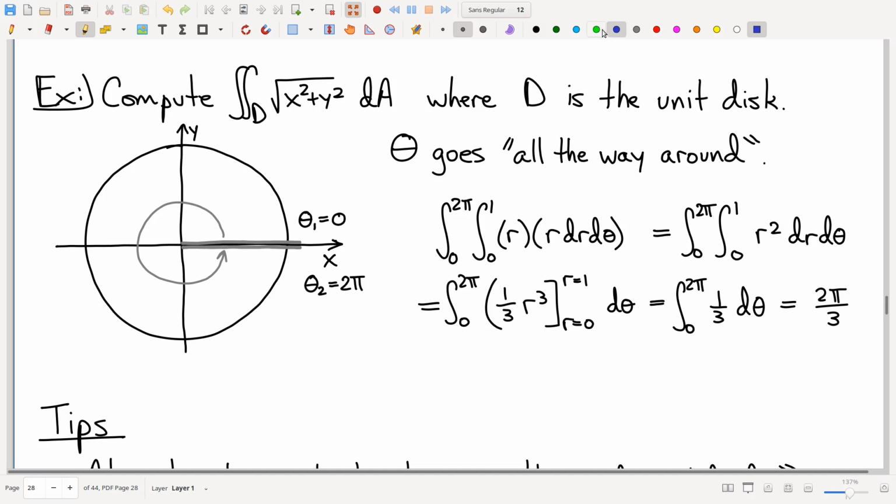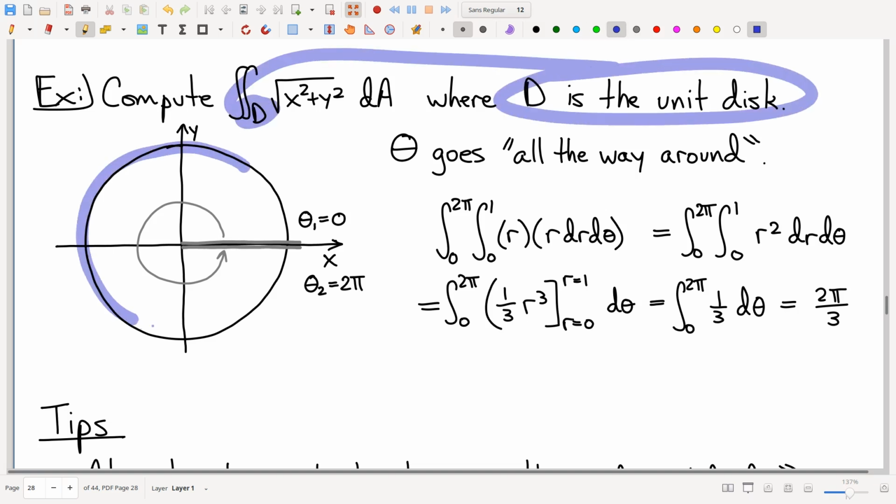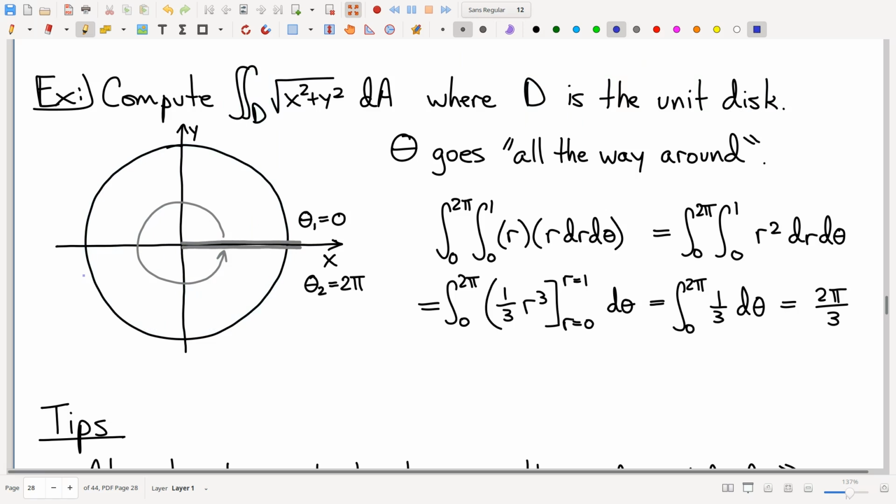And here's what my slices look like. Let's see here. If my domain is the unit disk, like so, I'm going to imagine slicing it up as follows. I'm going to start with this value of theta, theta equals 0. And then I'm going to imagine sort of going all the way around.